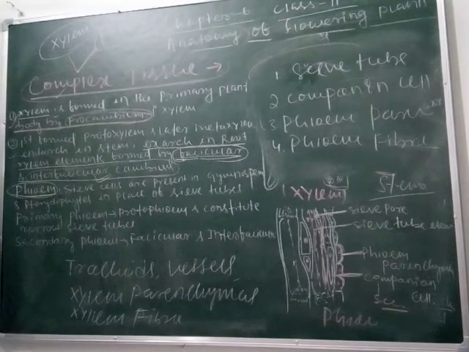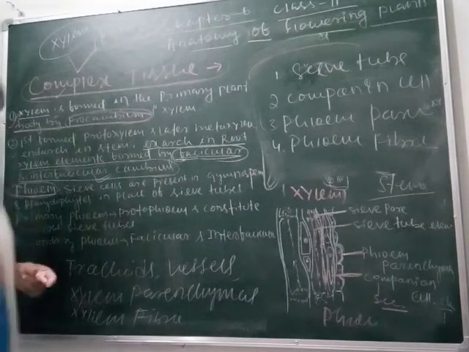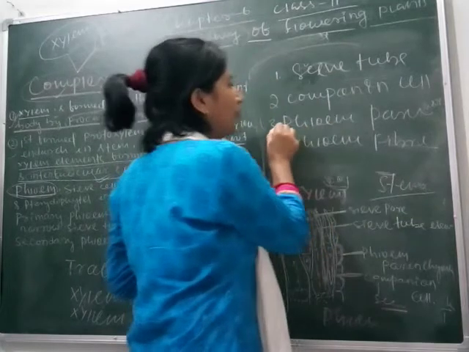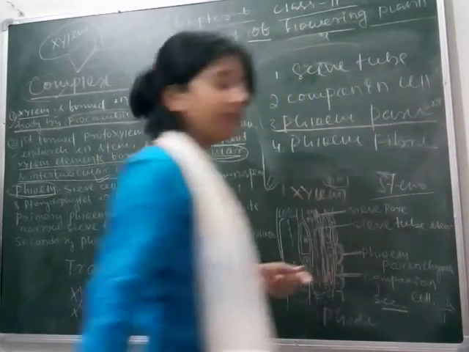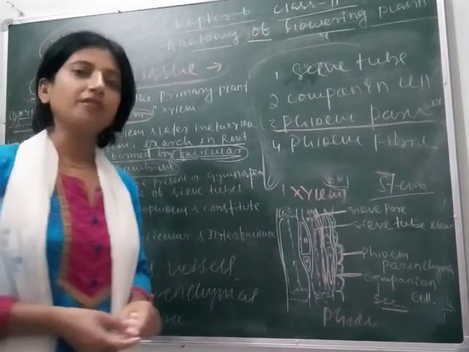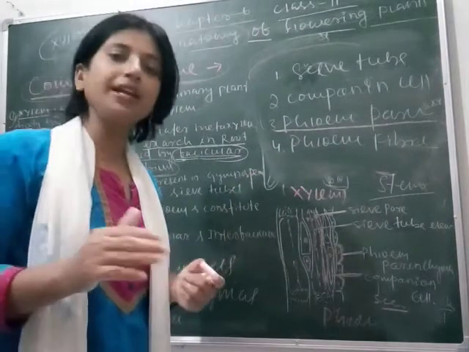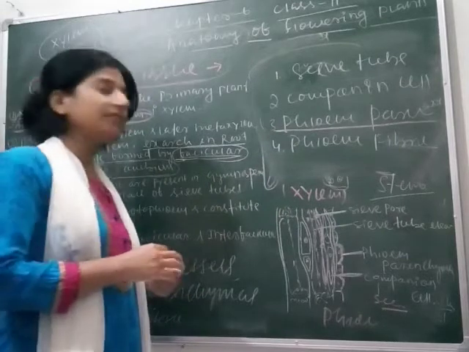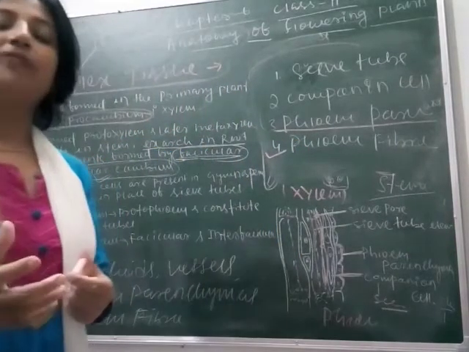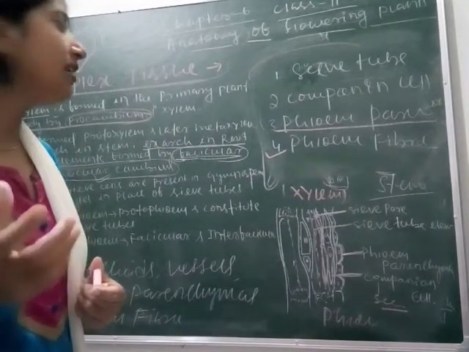That's why it is dead. Again, like xylem parenchyma, next move to the phloem parenchyma. Like xylem parenchyma, phloem parenchyma also stores food in different forms. Clear? Next is your phloem fiber. Same, the phloem fiber provides mechanical support.